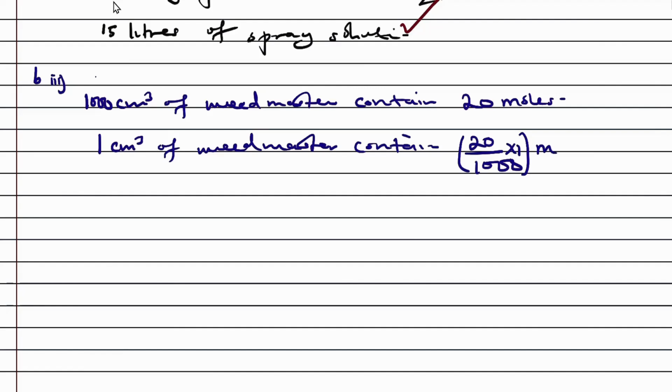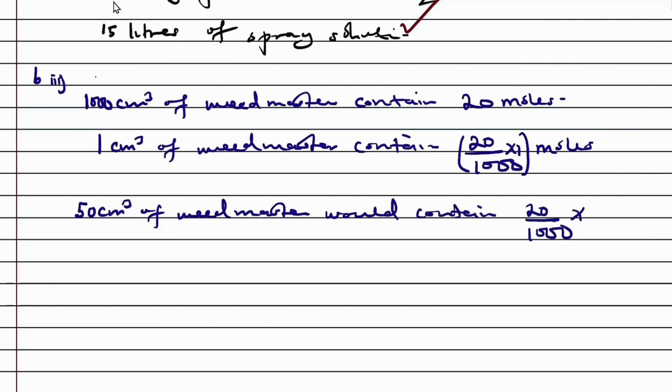This is still in moles. So what about the 50 cubic centimeters of Weedmaster? This one would contain 20 divided by the 1,000 multiplied by the 50, and this side we are going to get as moles. As I press the calculator, I'm getting the value to be 1 mole.